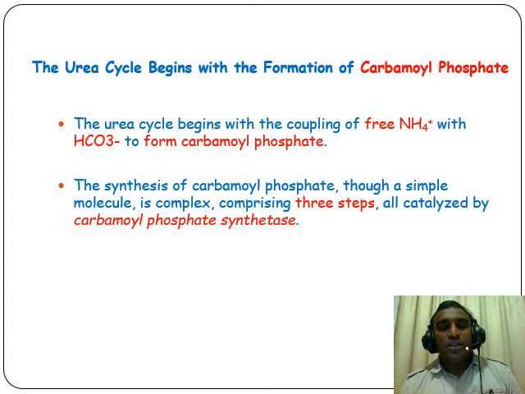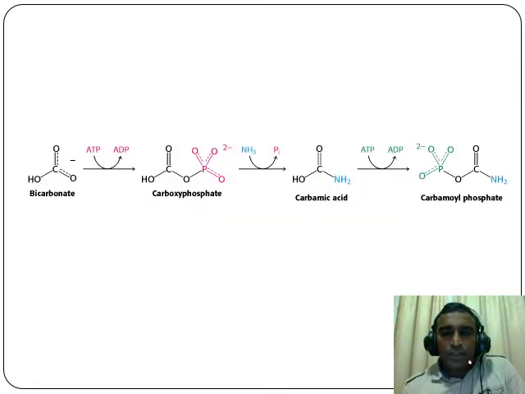These three steps take place in one single enzyme, that is carbonyl phosphate synthetase, which happens to have three active sites. So these are the three steps being described taking place in carbonyl phosphate synthetase.